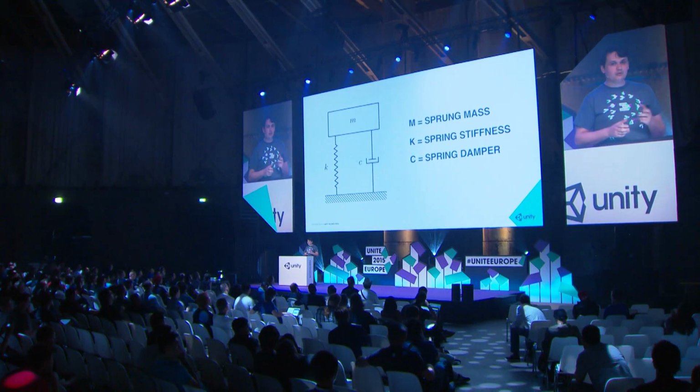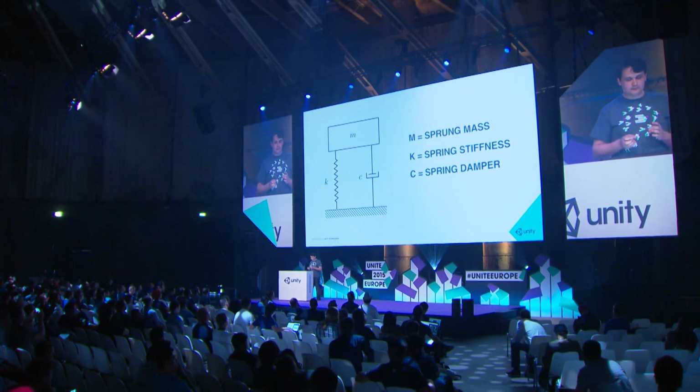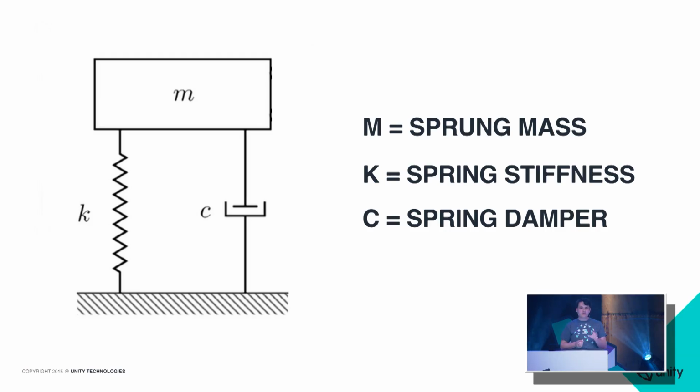Right on top, we have the sprung mass. We also have a spring and a damper. The sprung mass is actually the portion of the total car's mass that is supported by this given wheel. So you don't actually set it explicitly. We figure it out for you automatically based on the location of the wheels, the mass of the vehicle, and the amount of wheels, of course.